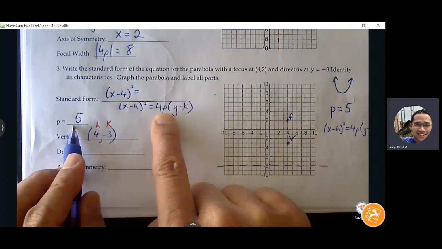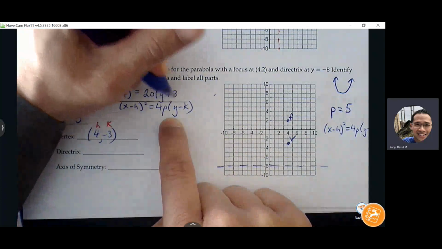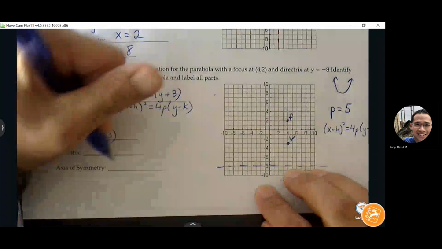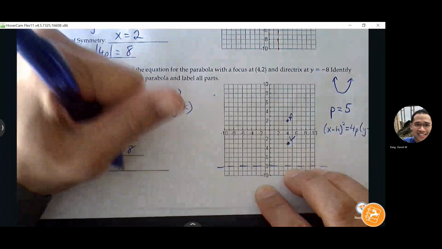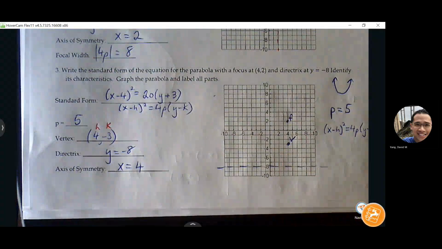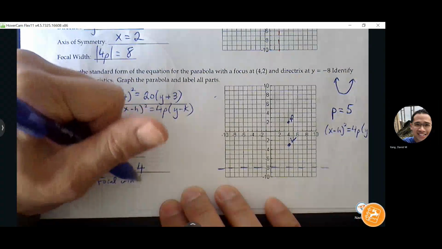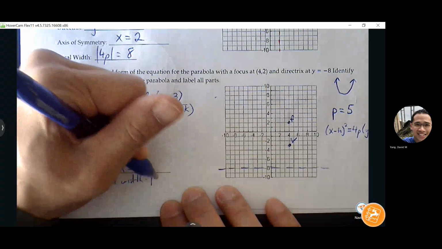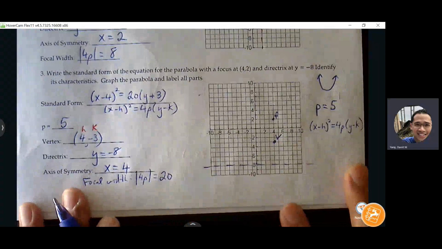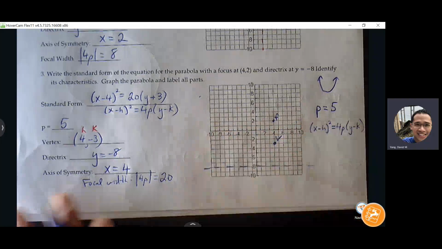Four times 5 is 20. Change the sign. -3 becomes +3. Focal width, I know it doesn't say it, but let's go ahead and just graph everything, right? So I'm gonna go 10 units.